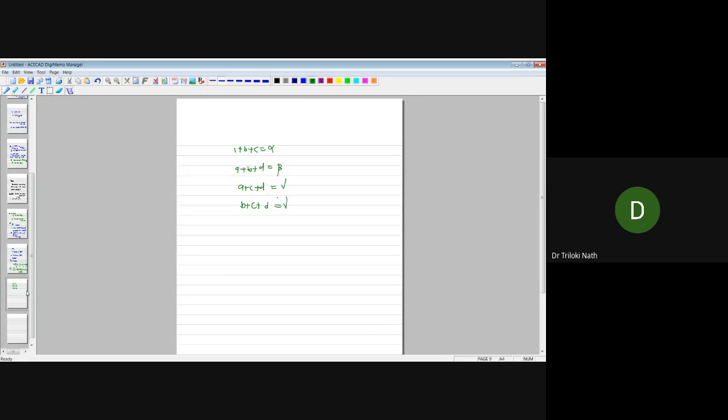If you add all these four, then you get 3A plus 3B plus 3C plus 3D is equal to alpha plus beta plus gamma plus delta. Therefore, A plus B plus C plus D is equal to alpha plus beta plus gamma plus delta, divided by 3.